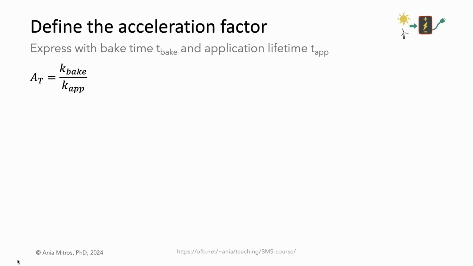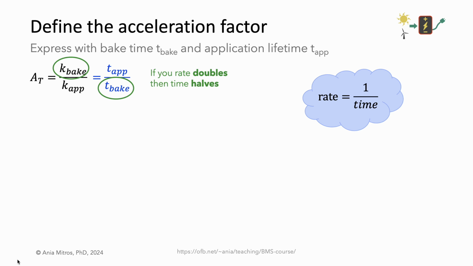The acceleration factor is the ratio of the rate constants. Since rate is the inverse of time, this ratio is equivalent to the ratio of the corresponding time durations. If you double the rate, you halve the time. Once we have the acceleration factor, we can calculate the bake time.